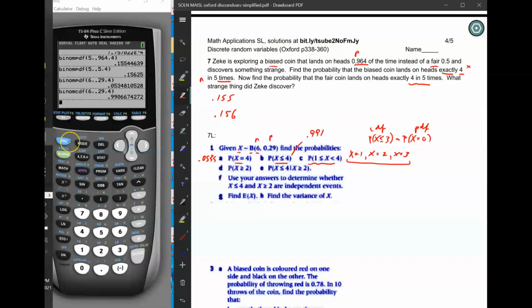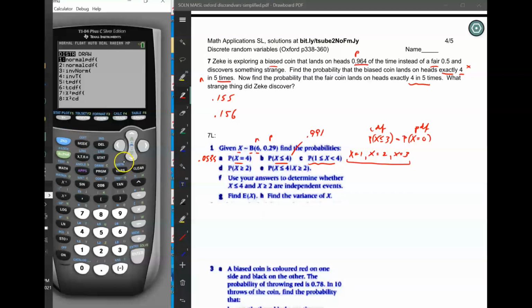So we'll do a second distribution, and then we do binomial PDF, and the n value is 6, and the p value is 0.29, and the x value is 1.